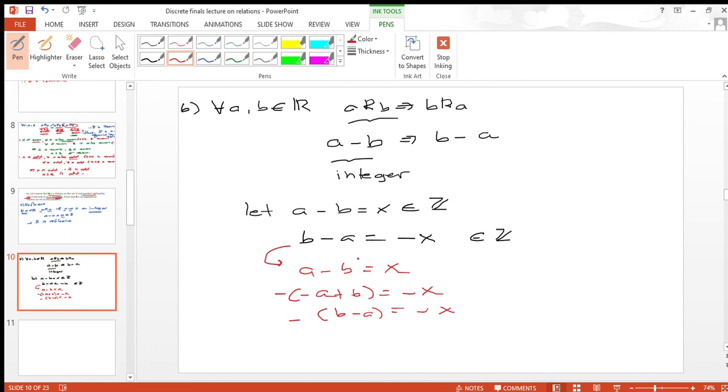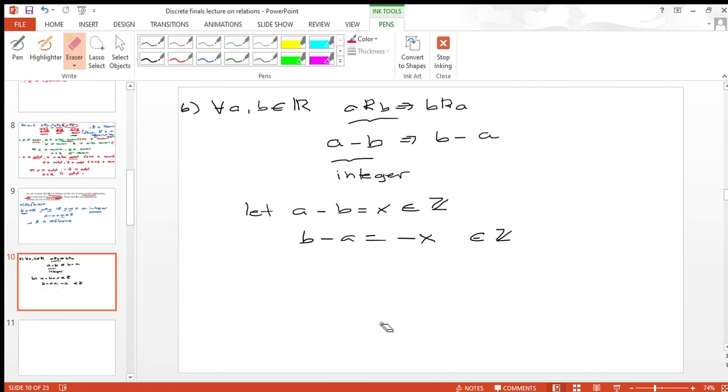Another way that you can look at this is maybe you can just get a value. If A minus B is X, let's say A is 5 and B is 2, then you have 5 minus 2 is 3.